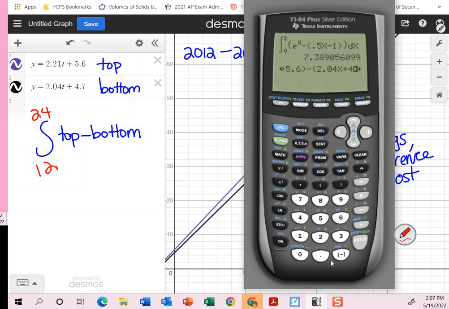Any variable it's written in, I just say, oh, that's going to be X this time. And when you get to the end of the integral, don't forget, you've got to put that differential term, that D, whatever. If these are in terms of X, then you have to have dx. And that looks familiar. We got an answer of 47.52.